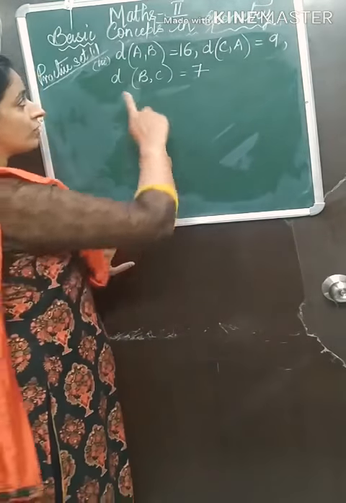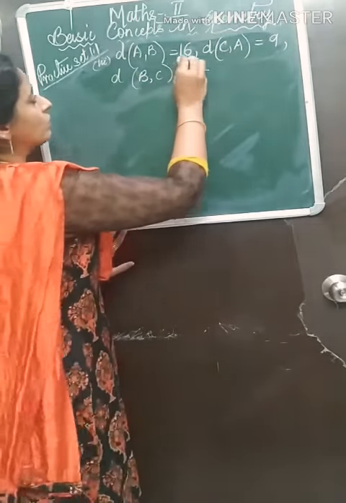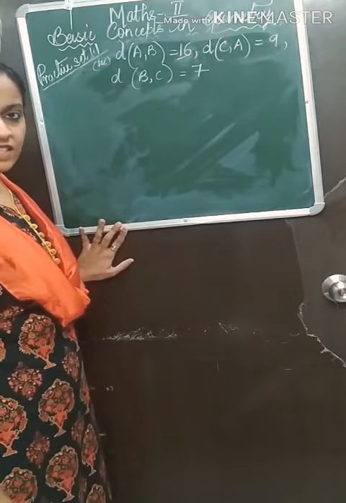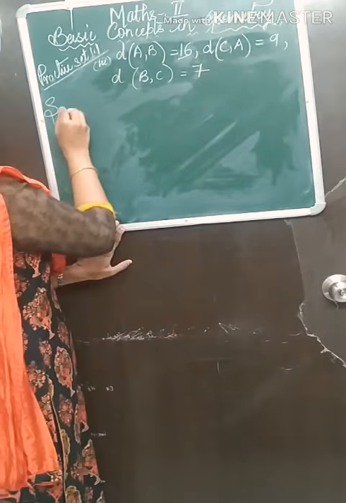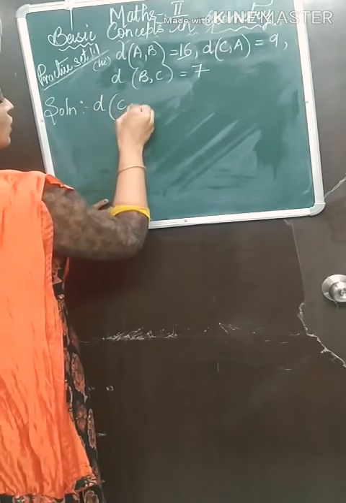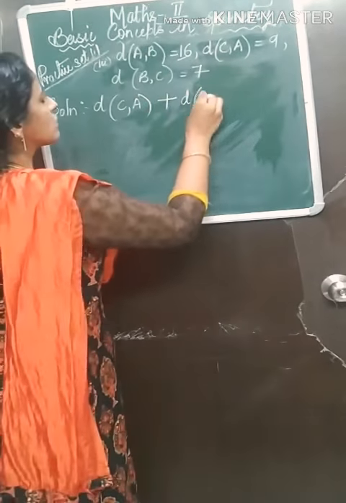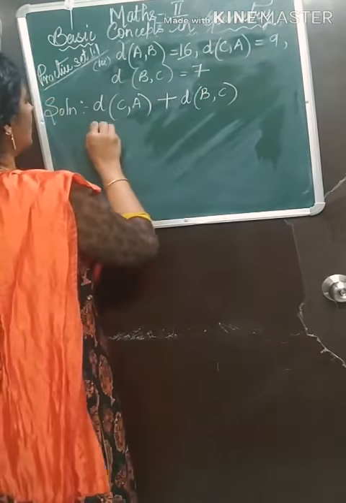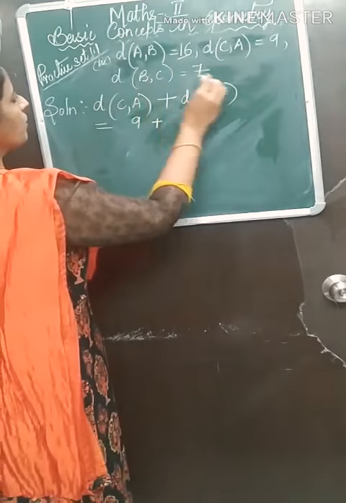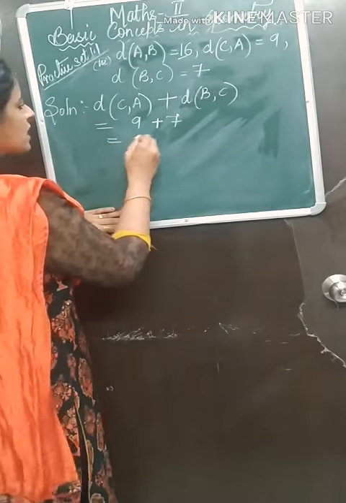First you will find out which is the greatest number out of these: 16. So this we will keep as it is. Let us add the remaining two distances. In the solution you will write: distance between C and A plus distance between B and C. C A distance is 9 plus B C distance is 7. 9 plus 7 is equal to 16.